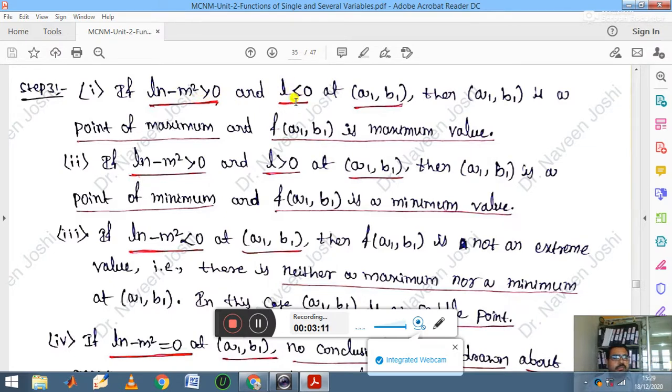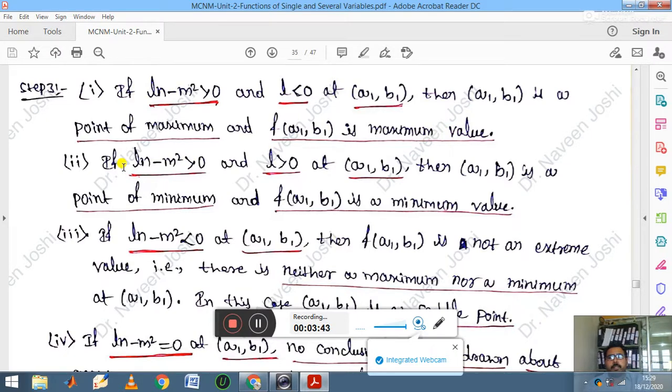If l is negative, here ln minus m square is positive and l is negative, plus and minus. In this case, the point (a1, b1) is a point of maximum, or you can call it maxima, and the corresponding functional value f(a1, b1) is the maximum value.